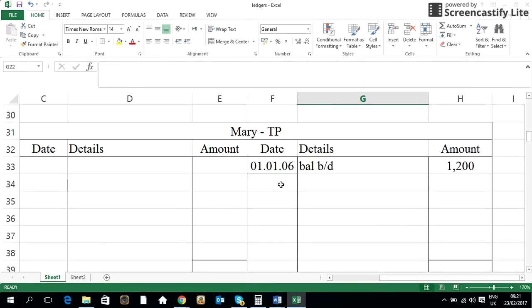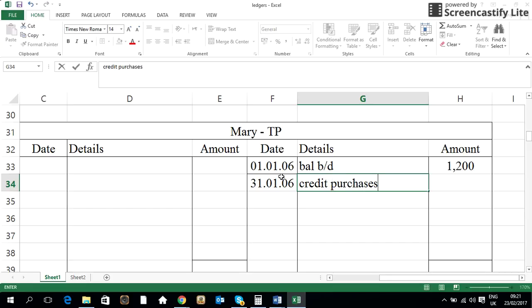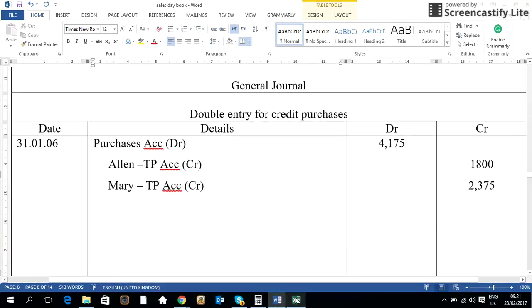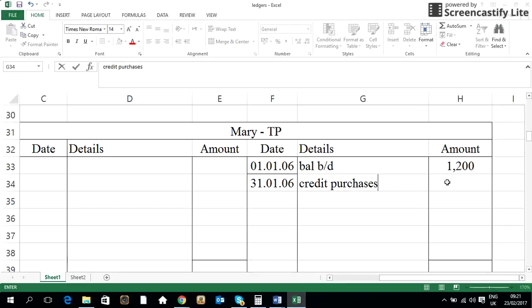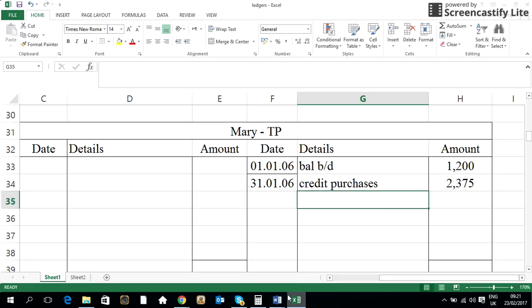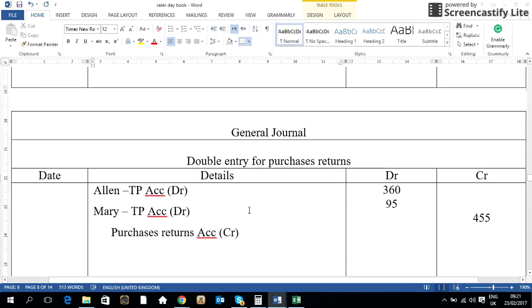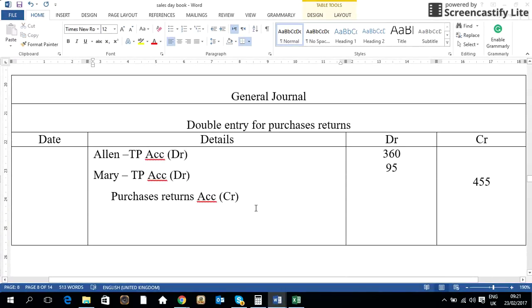Whereas in Mary's account on the credit side, 31/1/06, credit purchases, and the value of credit purchases would be 2,375. Okay.